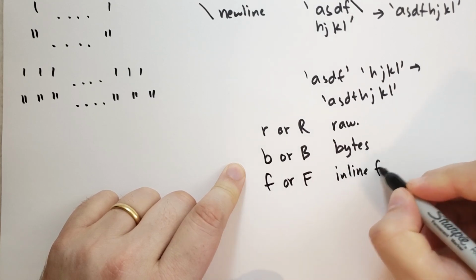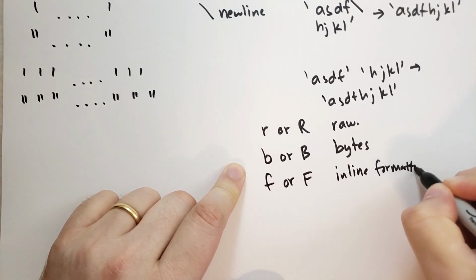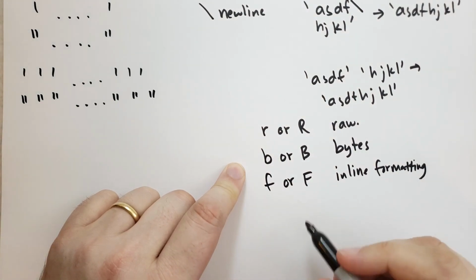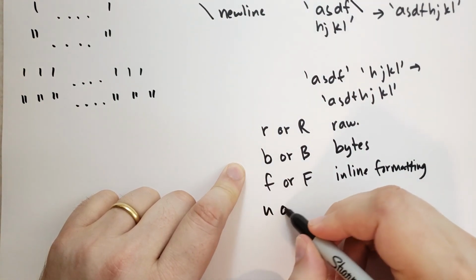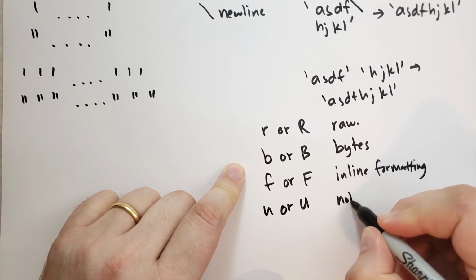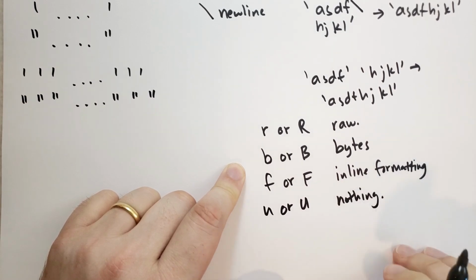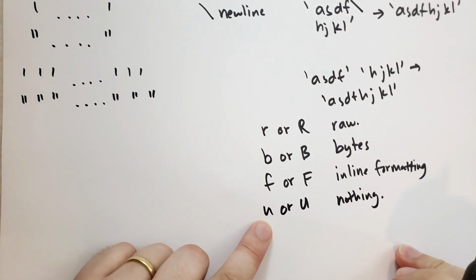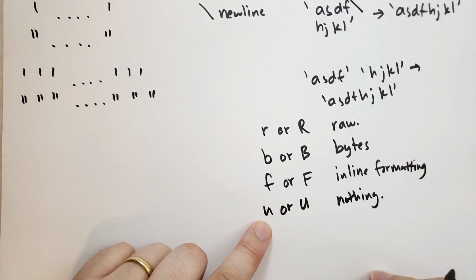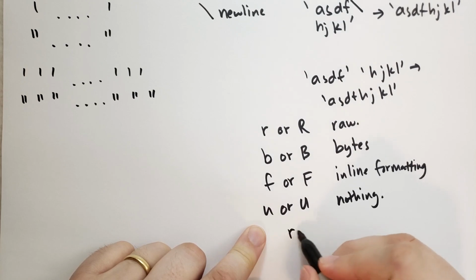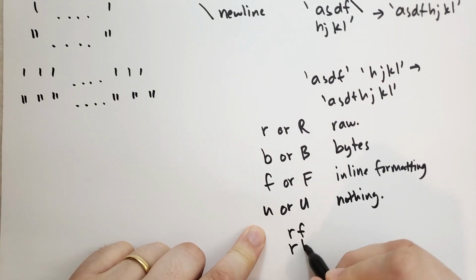We'll cover that later. And finally, you can use u or U, but that means nothing. In Python 2, this meant that it was a Unicode string. There's only two symbols that can be combined together, r and f or r and b.